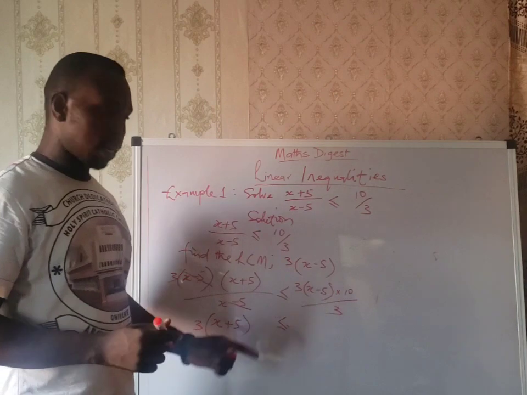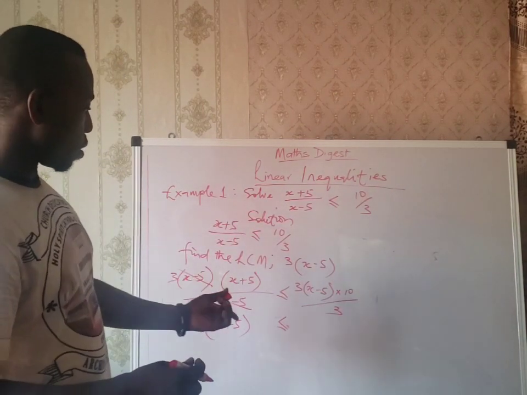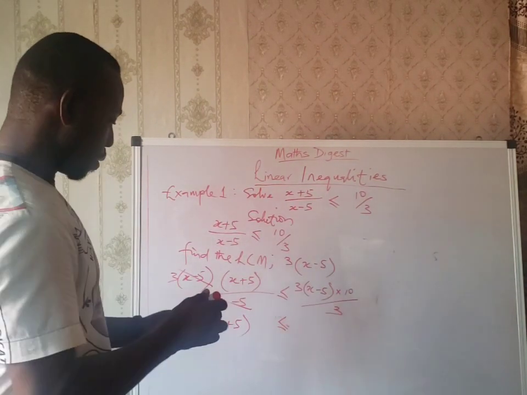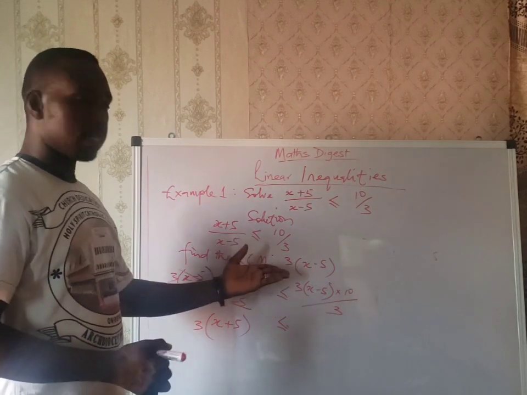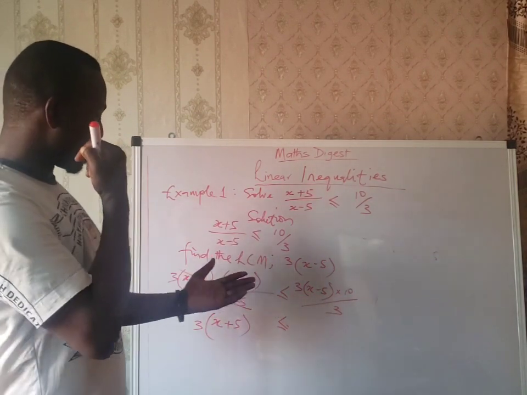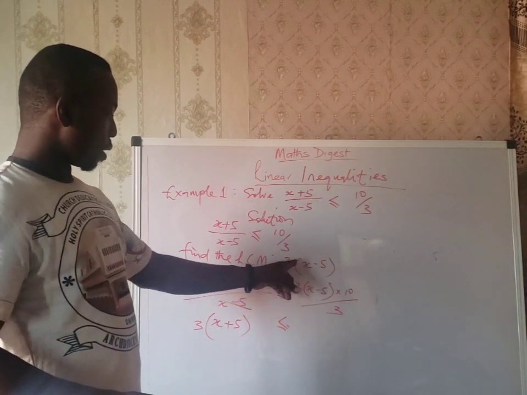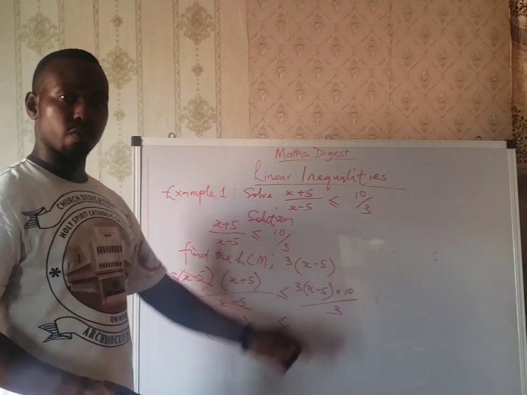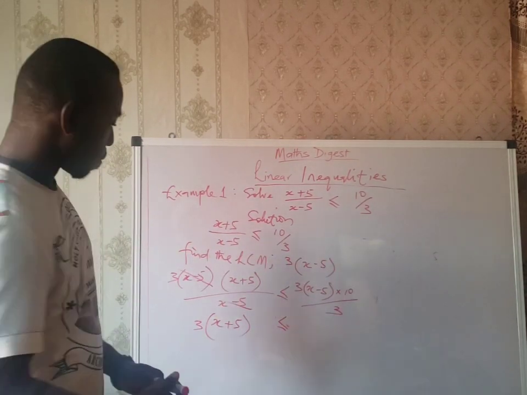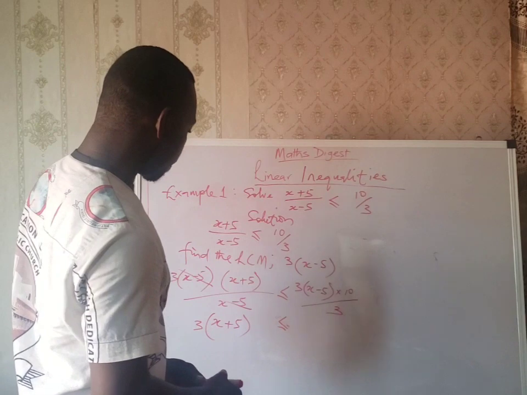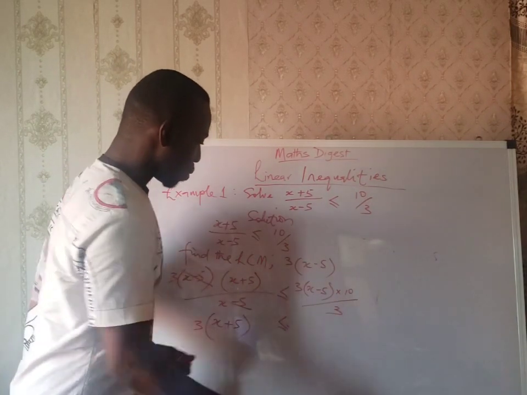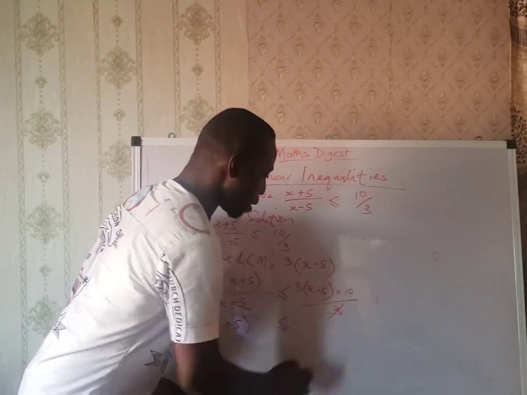We continue with our sign, because if you look at it, we only multiplied with the LCM, 3 open bracket x minus 5, so nothing changed. Now coming to this side, 3 cancels 3.